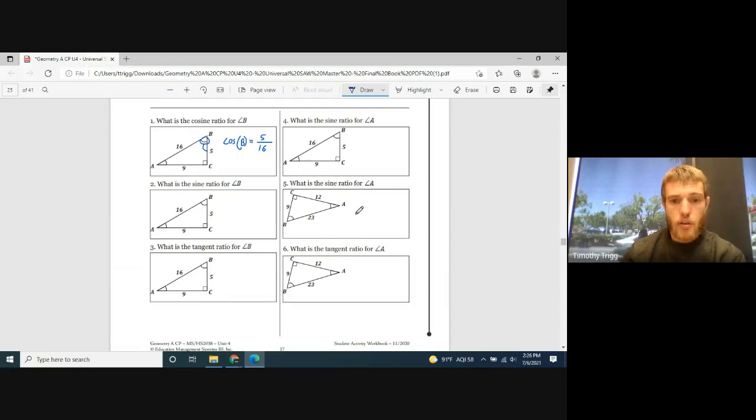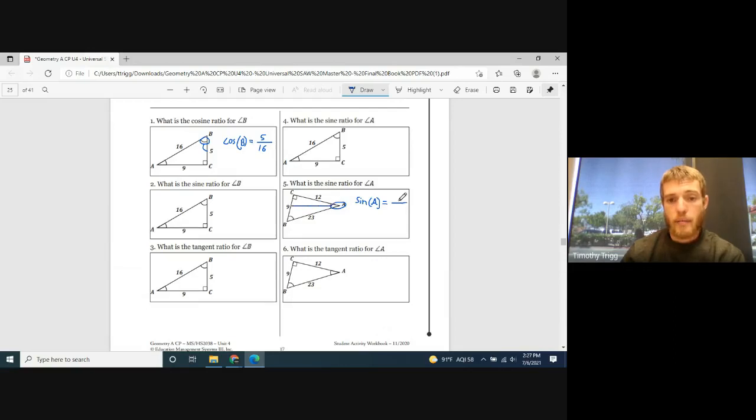Let's go ahead and do this one here. Number 5. It said, what is sine for angle A? So we write sine of angle A equals, and again, sine is the opposite leg over the hypotenuse. So if I'm looking from angle A, what's the opposite leg?